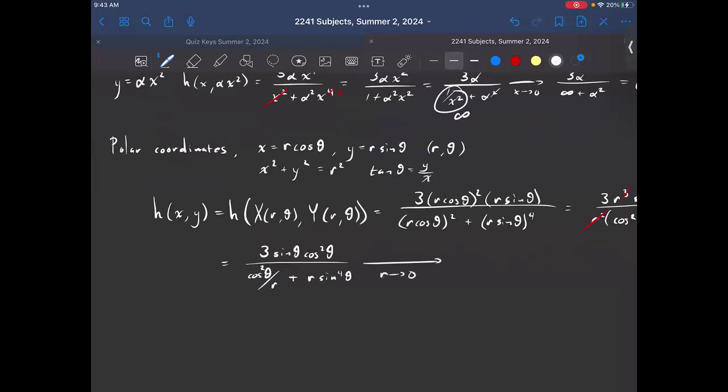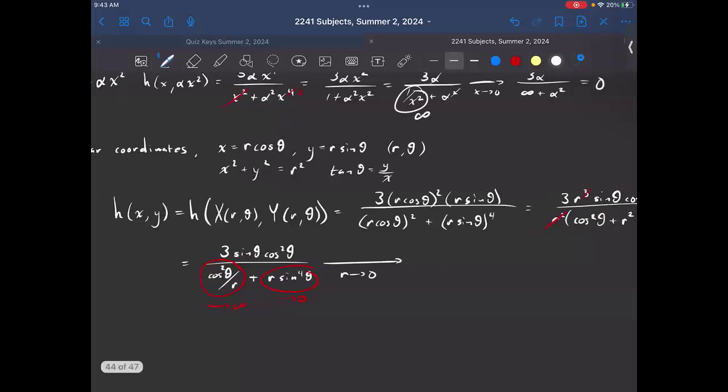All right, and now I want to think about what happens as r goes to 0. Well, as r goes to 0, this term right here goes to 0, because for any value of theta, sine is a finite number, and if I multiply that by 0, I get 0. So that term goes away in the limit. And right here, cosine is a finite number for any value of theta, but if I divide by a very, very small number, this becomes very, very large. So this term tends to infinity.